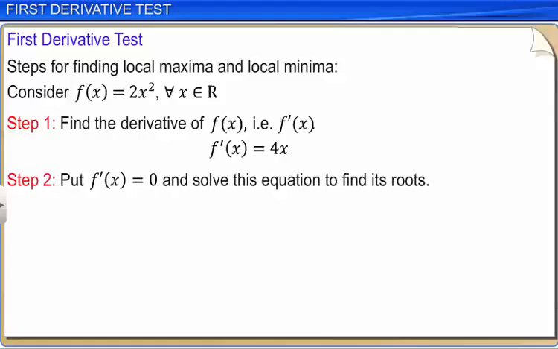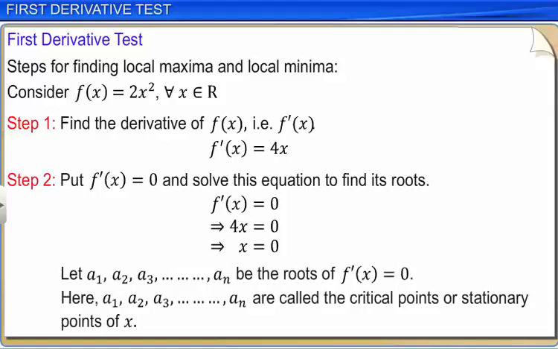On equating the derivative to 0, we get only one root, and that is x is equal to 0. The roots so obtained are known as the critical points or stationary points of x. At these critical points, we find the local maxima or local minima of the function f by observing the behavior of the function in their small neighborhood.